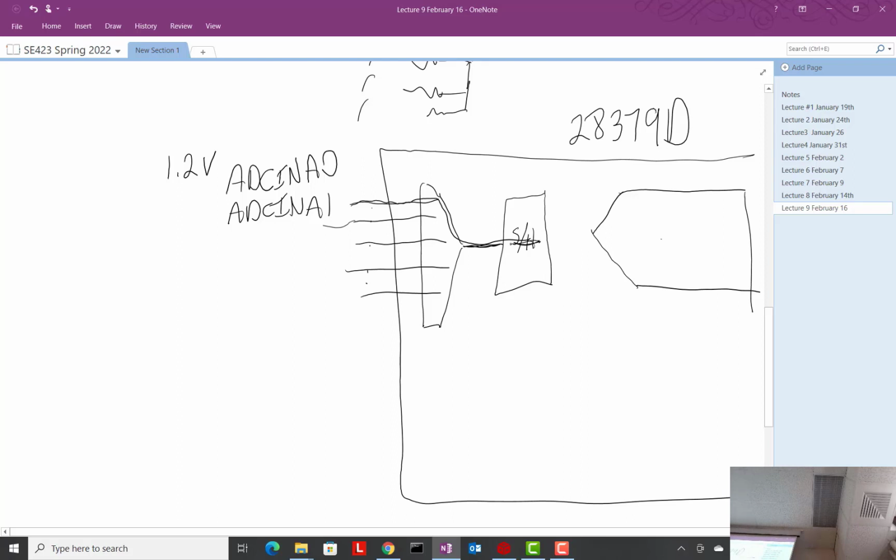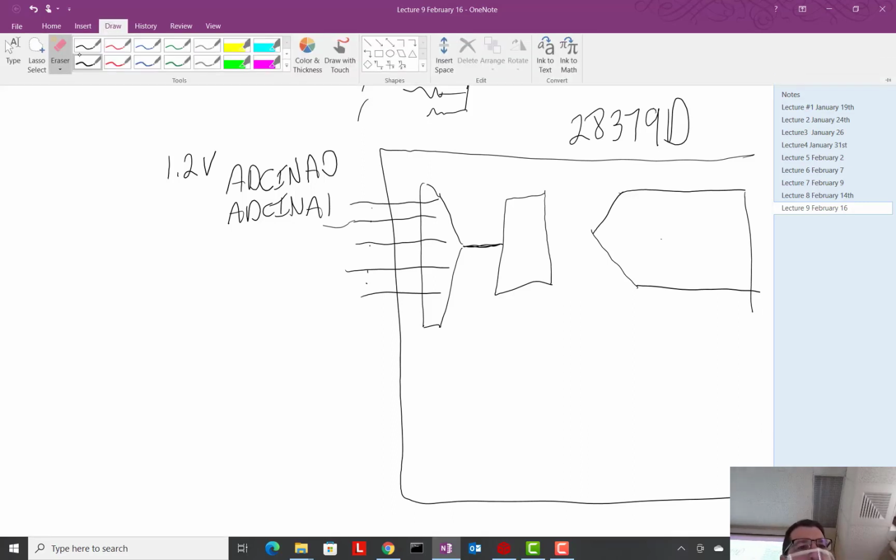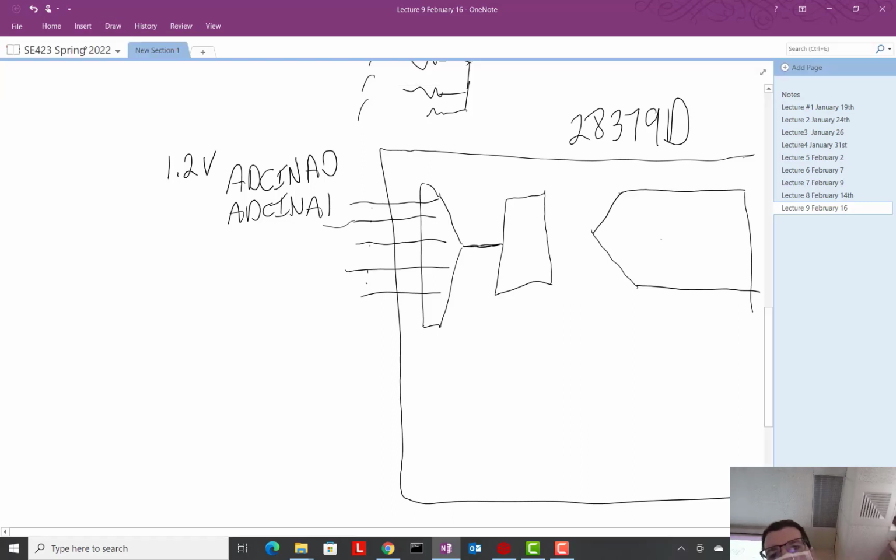Now, again, this conversion is not immediate. You can think of this sample and hold circuit as really a switch. Let's draw this again. All these switches are usually transistors.